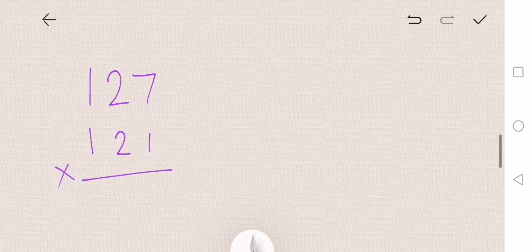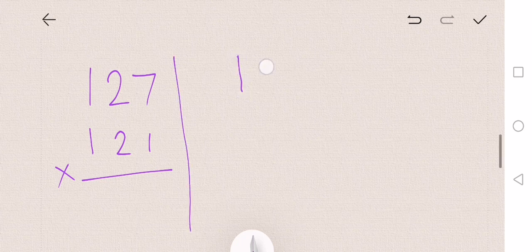Like you're doing three numbers now. So let's go for 127 times 121. Wow, that's such a big number. So what are you going to do? Don't worry, stick to the basics.